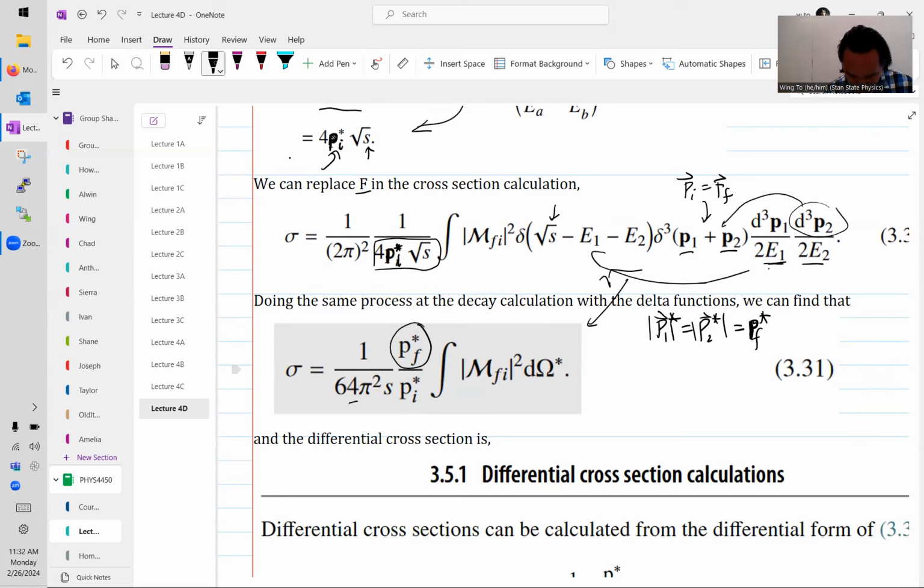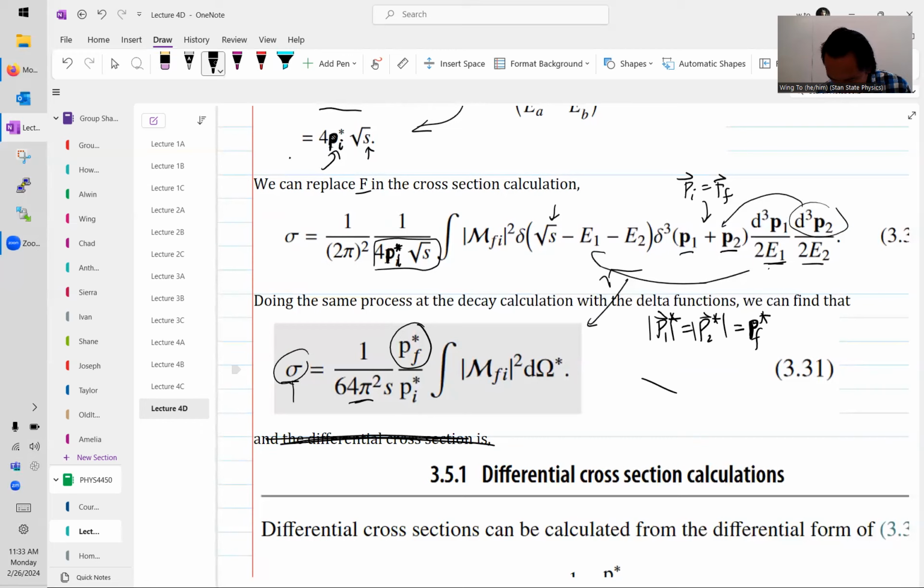And there's a few factors of 1/4 that came out because of this delta function evaluation, but we'll skip that. So this allows you to calculate the differential cross section of a particular process.